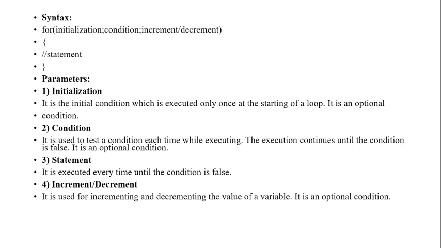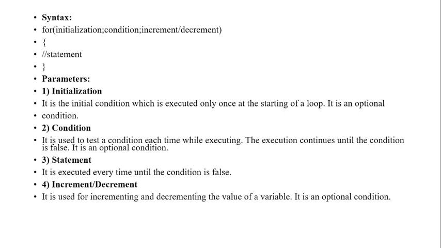After the condition is true, automatically the loop will be executed, so n number of iterations. If I am using i less than 10, until the statement becomes false, automatically the value will be incremented. If i = 0 and i < 10, this loop continues 10 times, right? So the statement will be executed.